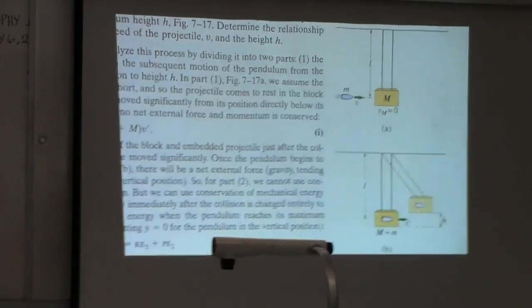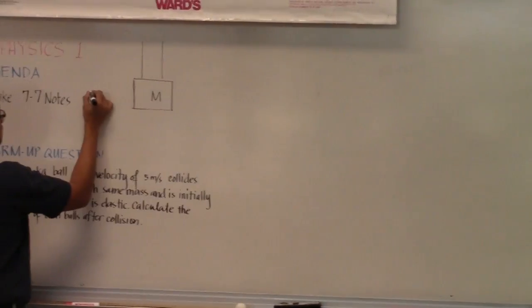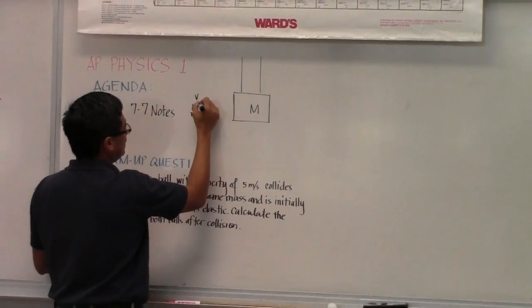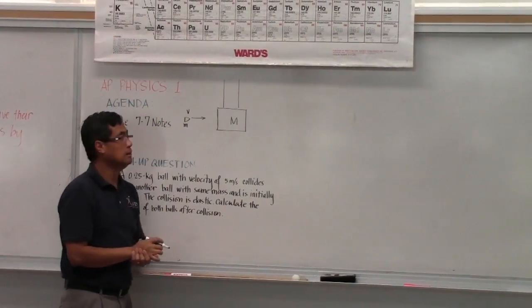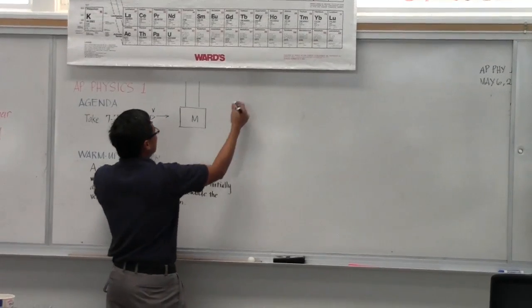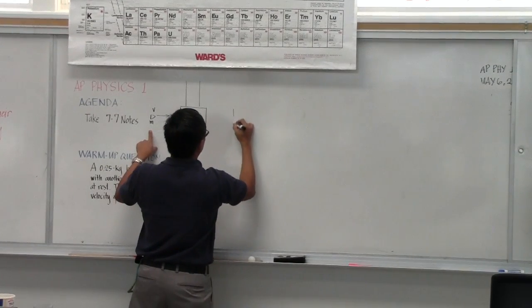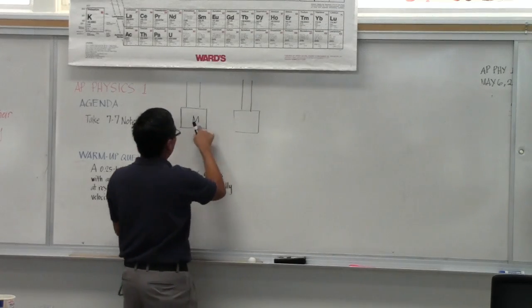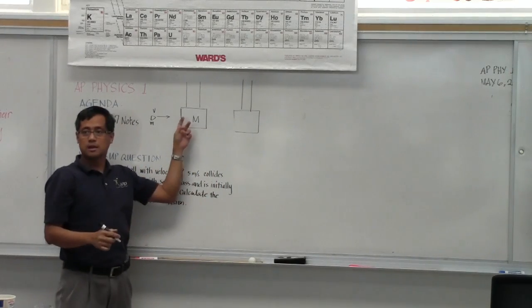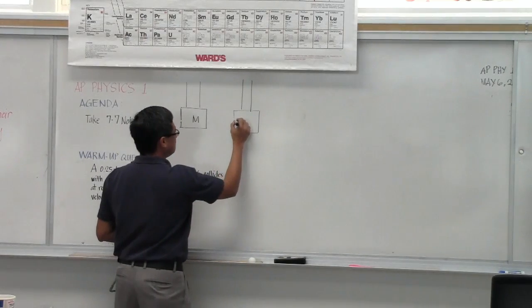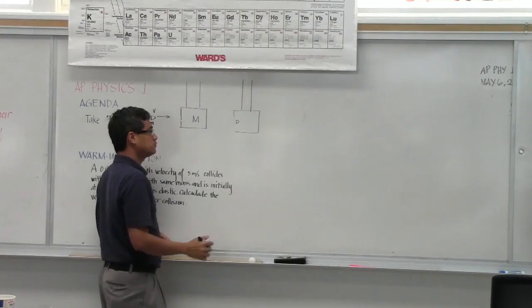Okay. So we have small m, and it has a velocity of v going in this direction, right? This is before it gets stuck. Now I'll draw. What's the velocity of the big block here? Zero, right? And now let's say the bullet gets embedded there.